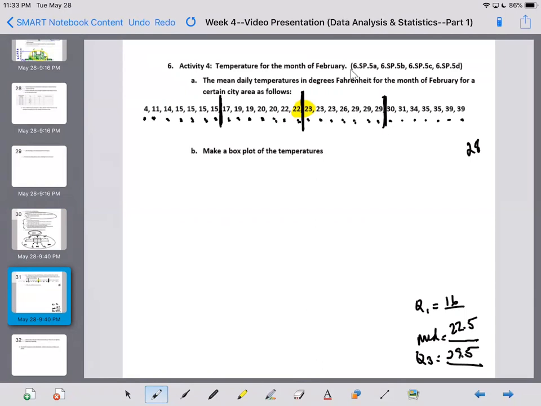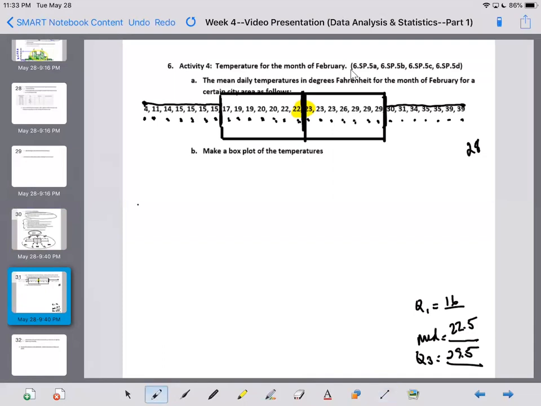And so my whisker would go all the way out to 4. This whisker would go all the way out to 39. And there you see your box, and there's your median value.